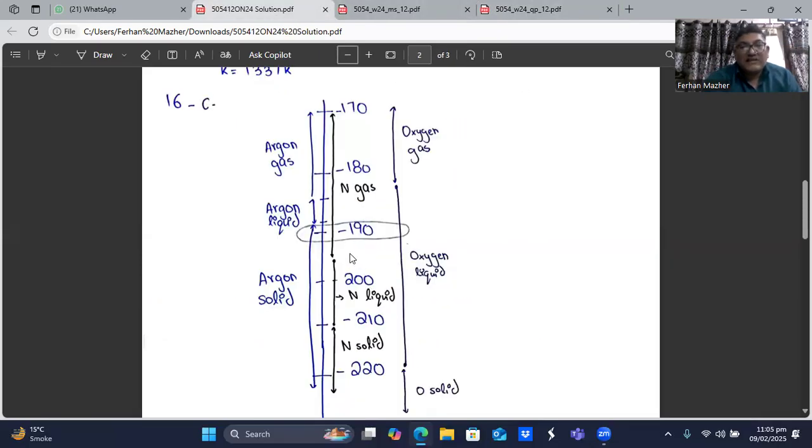Minus 196 will be here somewhere. In this portion the nitrogen will be a liquid, below this temperature a solid, and above this temperature it will be gas.